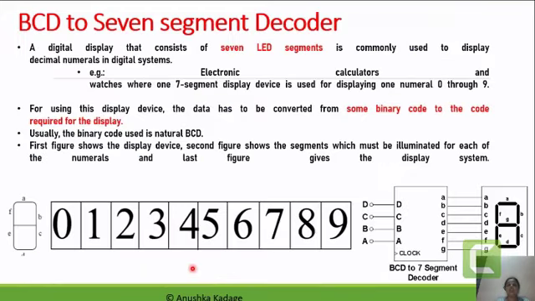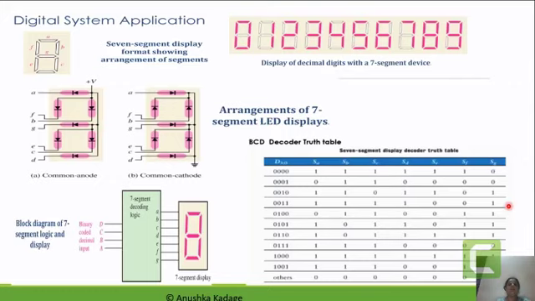But generally, for such BCD to 7 segment decoder displays, we have configurations mentioned as common cathode or common anode for the LEDs to be displayed.